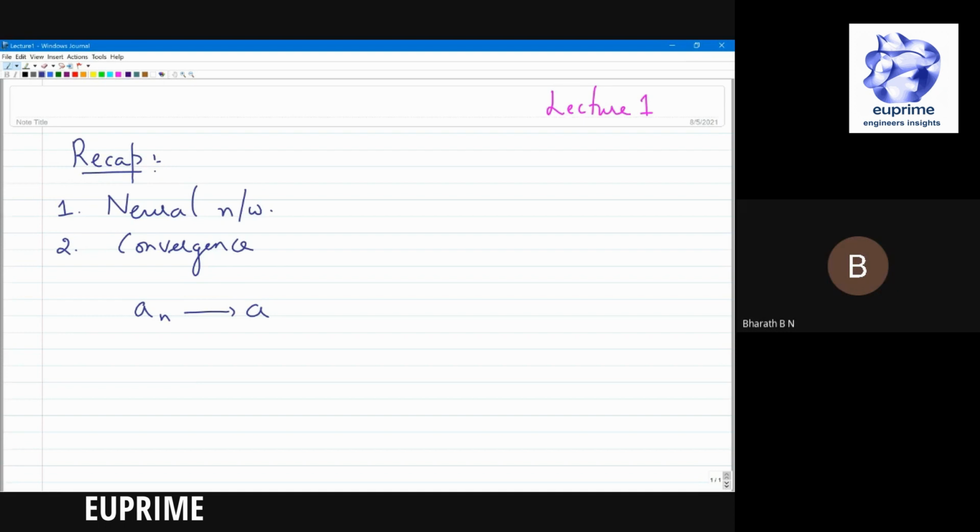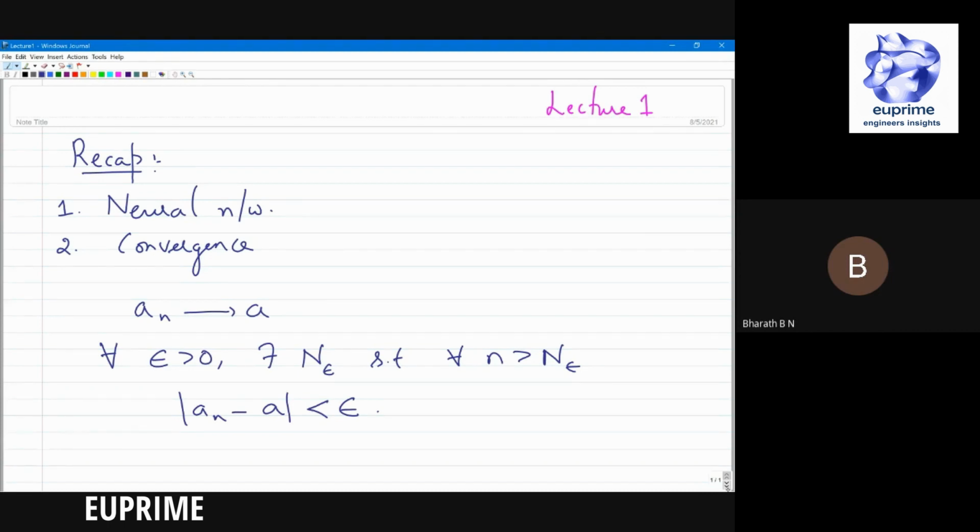In other words, for every epsilon greater than 0, there exists a stage n_epsilon such that for every n greater than n_epsilon, |a_n minus a| is less than epsilon. So this is the definition of convergence. Is that clear? Any questions, or is the intuition clear about this?